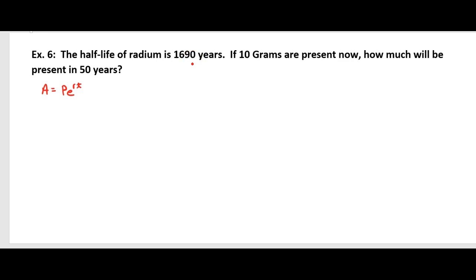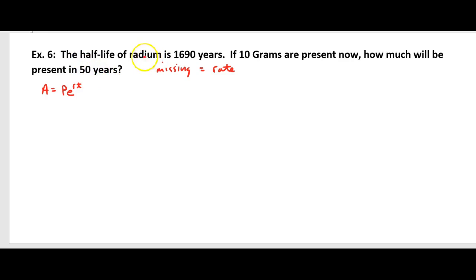If 10 grams are present now, how much will be present in 50 years? Now, here's the thing. What is missing from here? The missing part of the formula is actually going to be the rate. We don't know the rate.